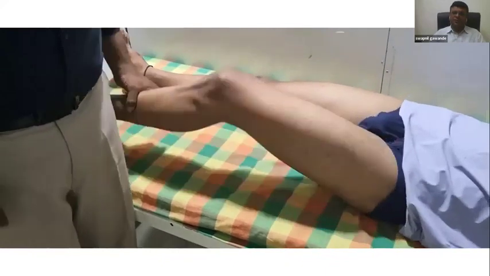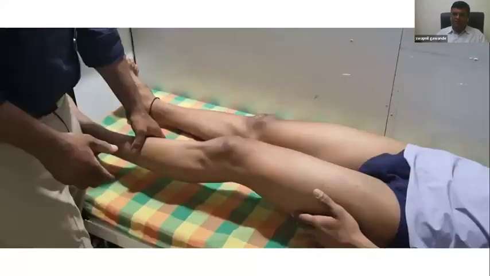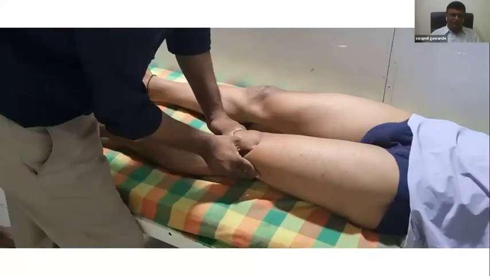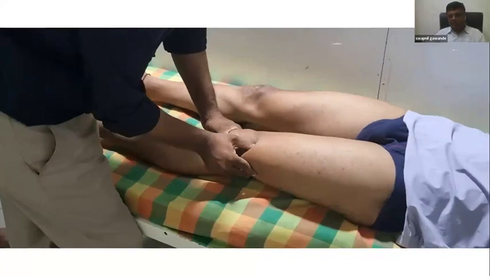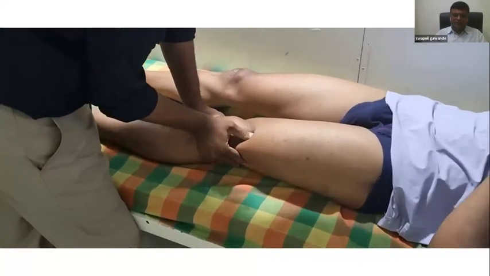These are basically the quadricep tendons, and now he is unable to fold. He was telling that he was having pressure at that particular region, which is basically the tendons of the quadricep muscles. And here I am doing the soft tissue mobilization by releasing the deep myofascia.